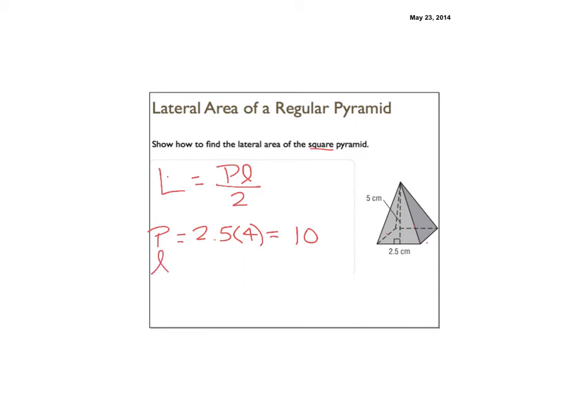And then my slant height from the vertex here to the base of the side is going to be 5. So we're going to plug this into our formula: our perimeter of 10 times our slant height of 5, divided by 2, and that will give us a lateral area of 25.